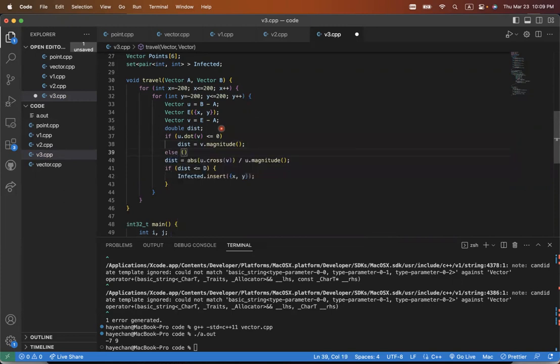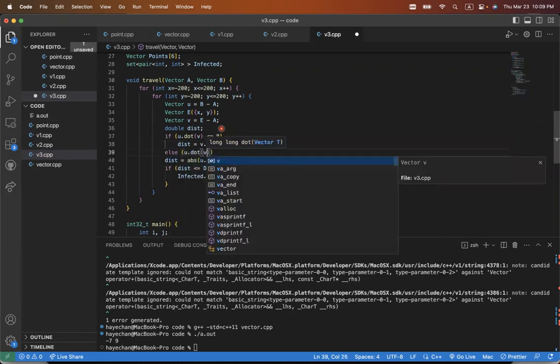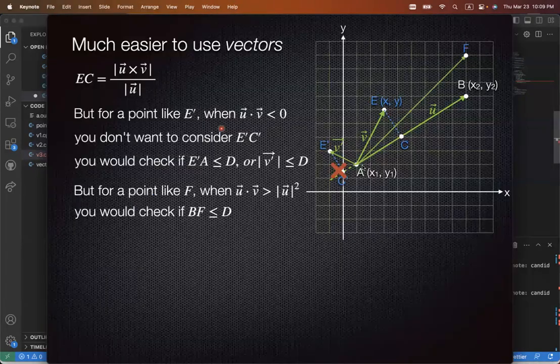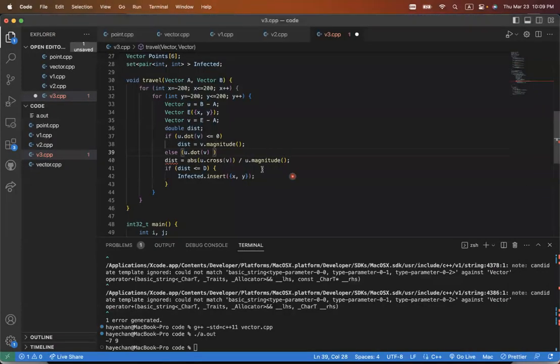And if u dot v is larger than u times u, so it's larger than u's magnitude times u's magnitude.